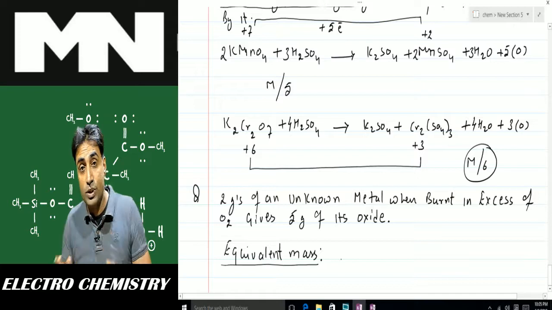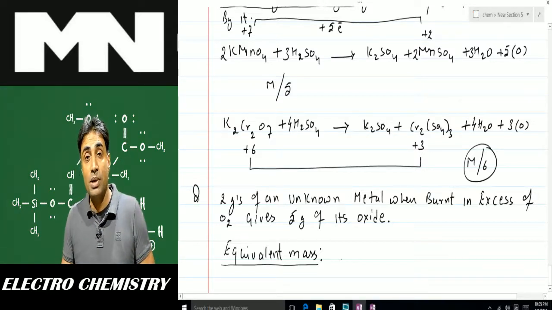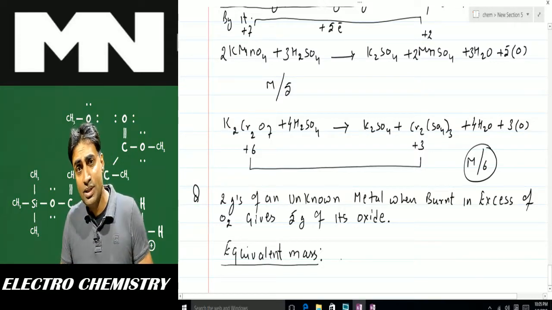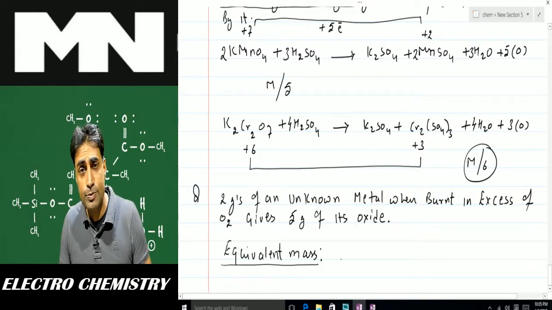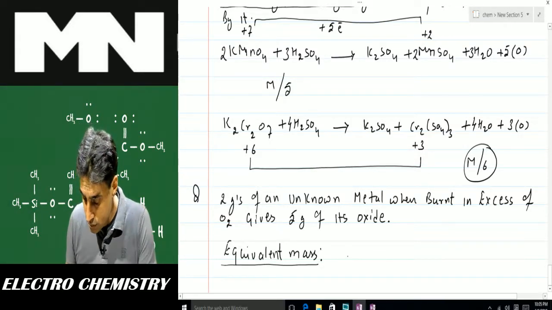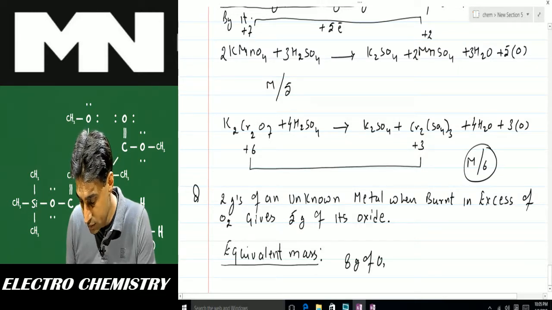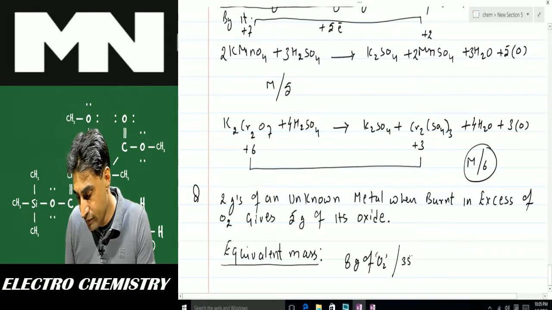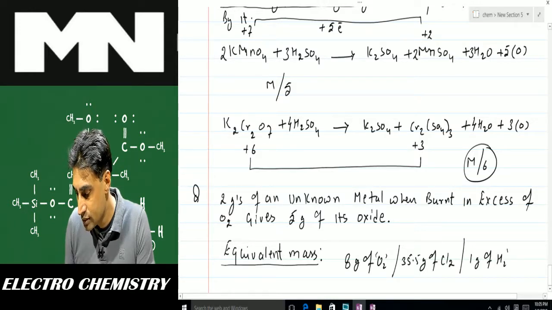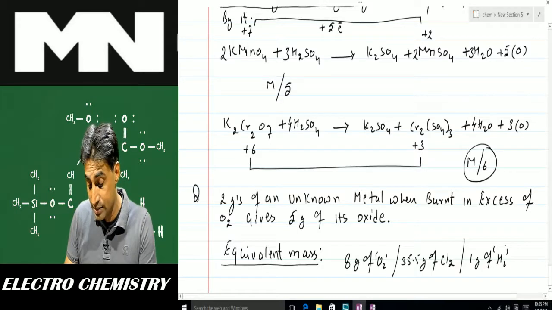Equivalent mass is the mass of a substance that reacts with or displaces 8 grams of oxygen or 35.5 grams of chlorine or 1 gram of hydrogen. This is what equivalent mass is.